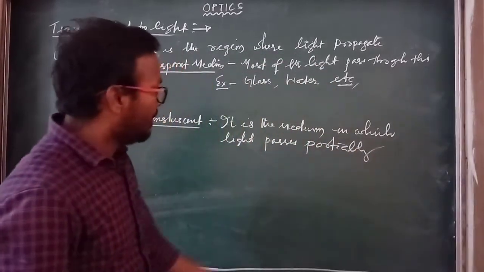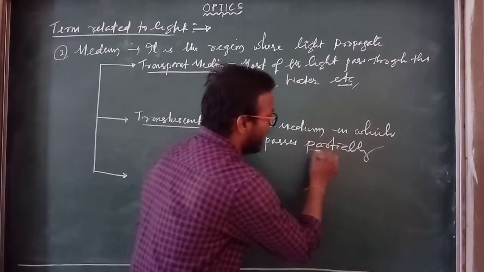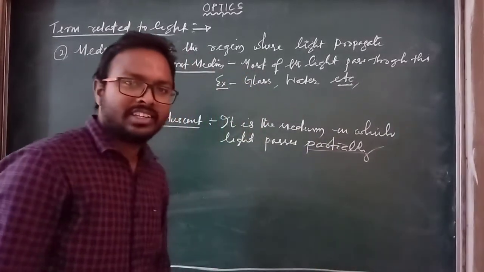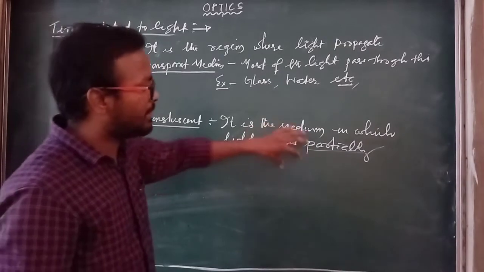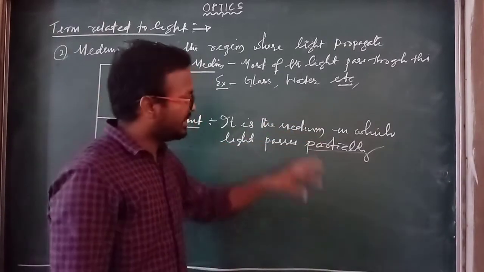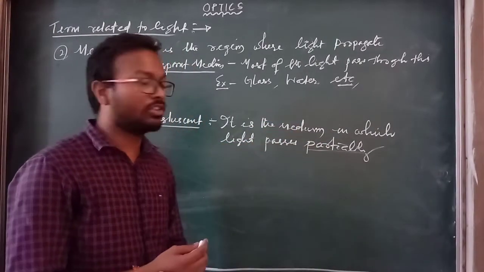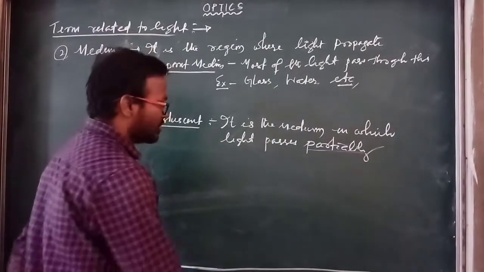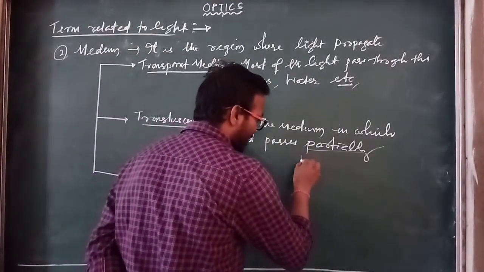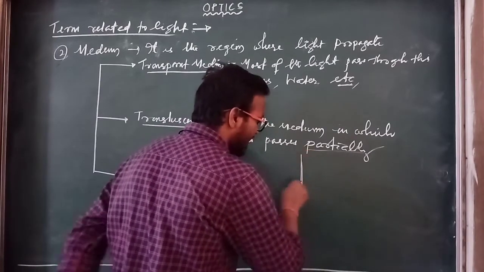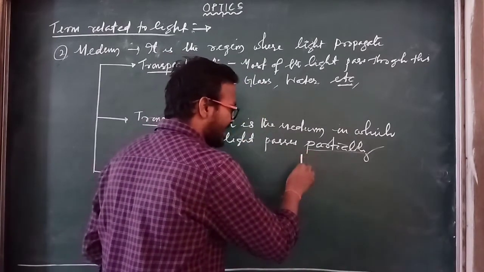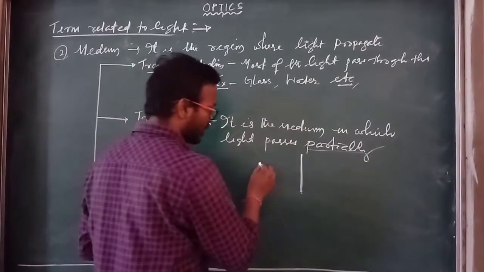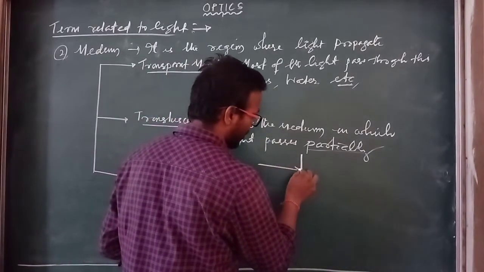Clear? So partial means part of the light passes through this medium. That means most of the light does not prefer to pass through this medium, and that type of medium is known as translucent medium. Suppose there is a medium like this, and we already know light is a form of energy, and this is the direction of light.